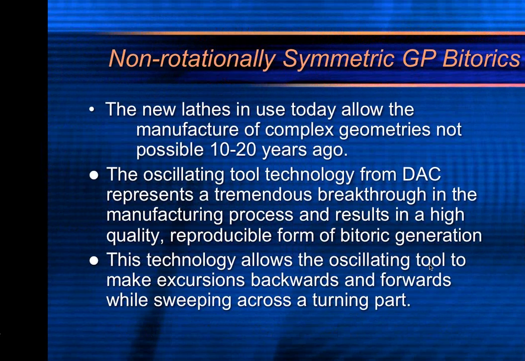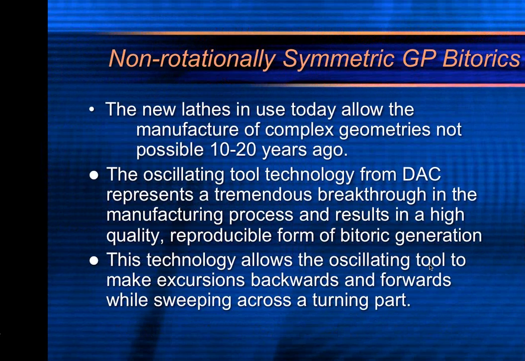At least from DAC, they term it the oscillating tool technology, and it represents a tremendous breakthrough in the manufacturing process, and it results in a high-quality, reproducible form of bitoric generation. This technology allows the oscillating tool to make excursions backwards and forwards while sweeping across a turning part.